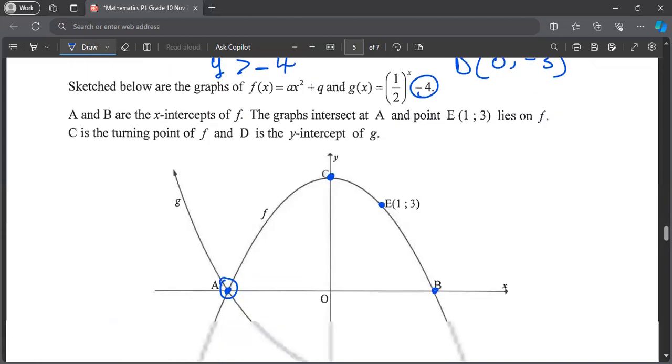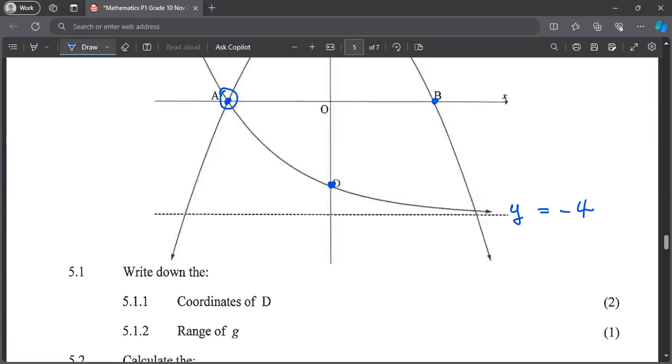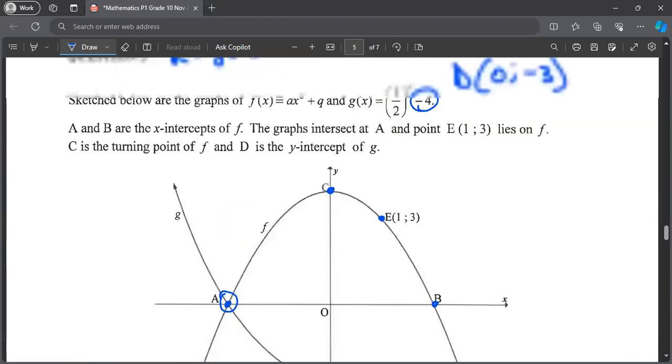Fine stuff. If we look at 5.2.1, it says, calculate the coordinates of point A. So the point A is the point of intersection for both of these graphs. We could be using the parabolic function, but we don't have the equation for it.